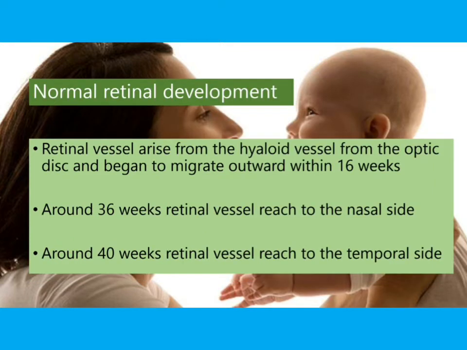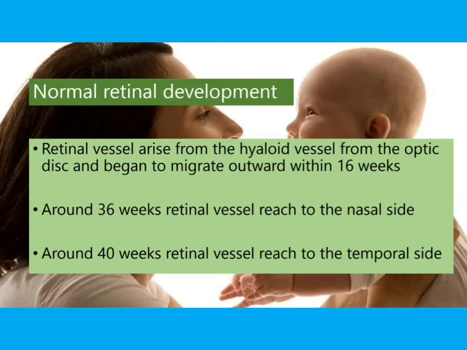Here I am discussing the normal retinal development. To understand abnormal retinal development due to prematurity, first we need to know the normal retinal development. Retinal vessels arise from the hyaloid vessels at the optic disc and begin to migrate outward within 16 weeks.